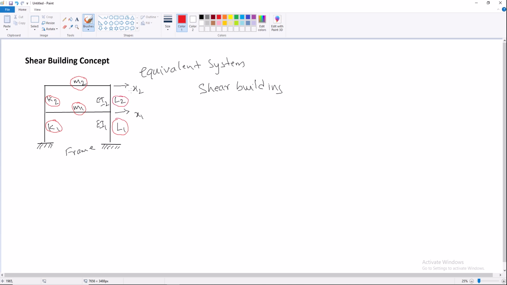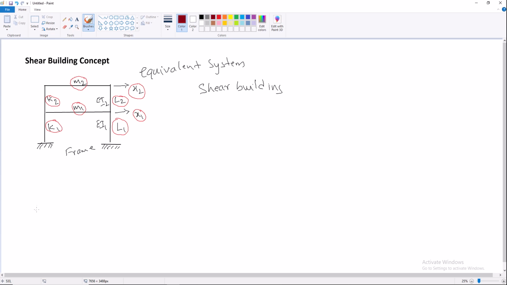Because of the horizontal force seen in the elements, displacement is seen in the direction, x2 representing displacement at floor level 2, x1 representing displacement at floor level 1. Now for this particular structure, I would like to draw an equivalent system.